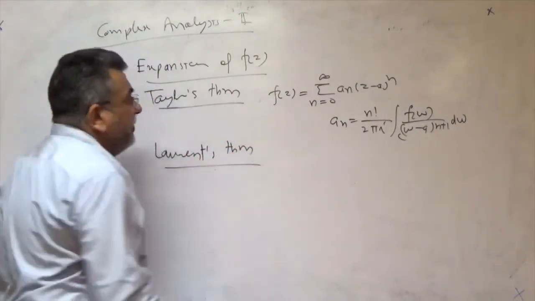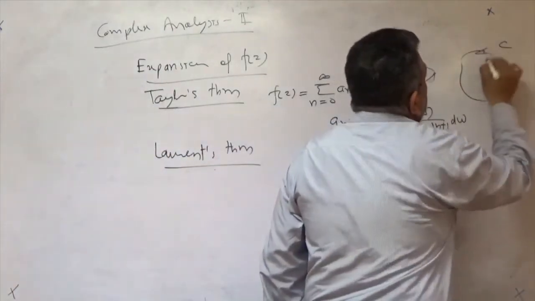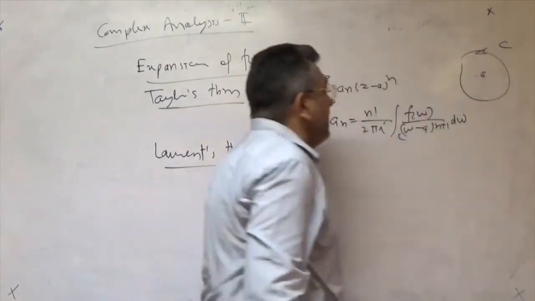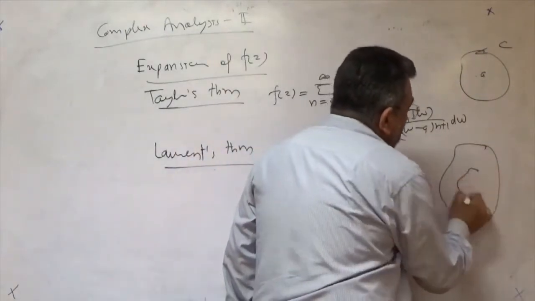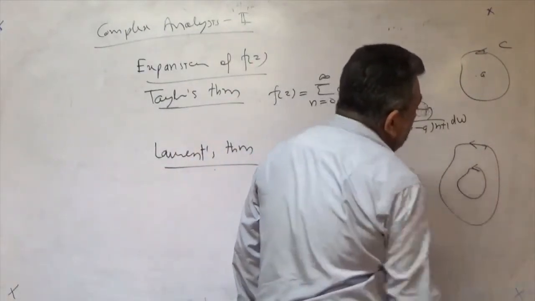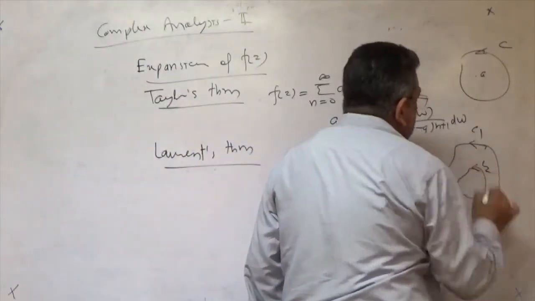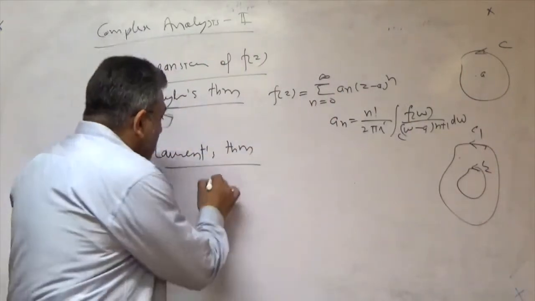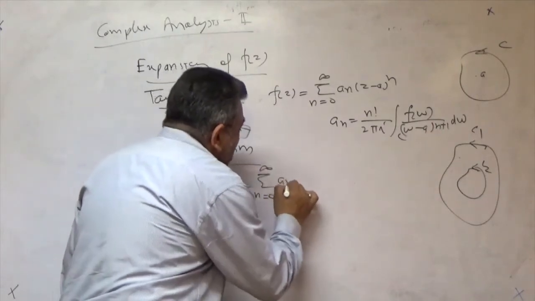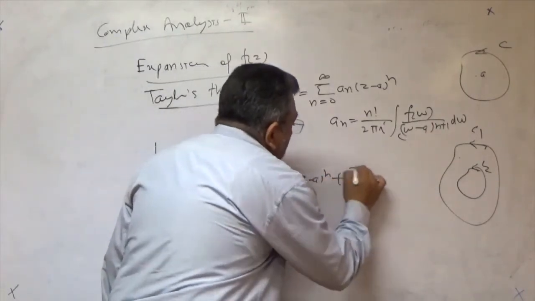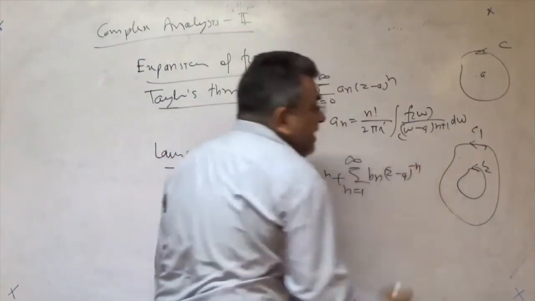That is the first theorem, and the second theorem I told you in the last lecture is Laurent's theorem. If the function is analytic in a closed region C and a is any point inside C, then for an annular region bounded by two circles C1 and C2, and a point in this region, f(z) can be expanded as the sum from n equal to 0 to infinity of a_n (z minus a) to the power n plus the sum from n equal to 1 to infinity of b_n (z minus a) to the power minus n.